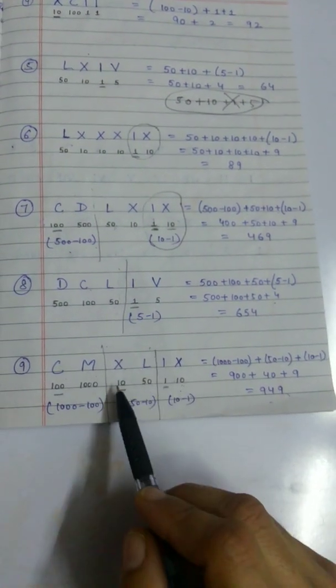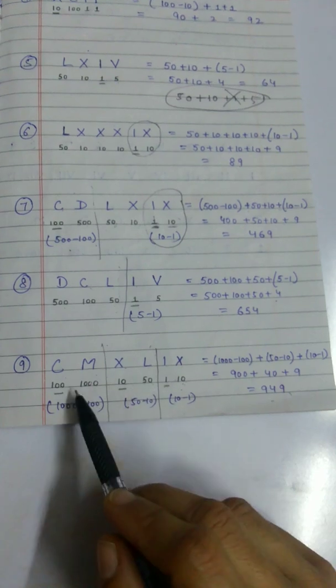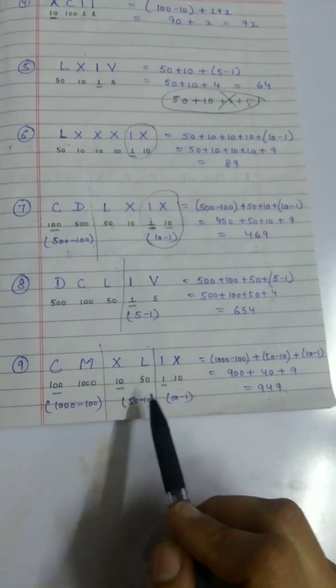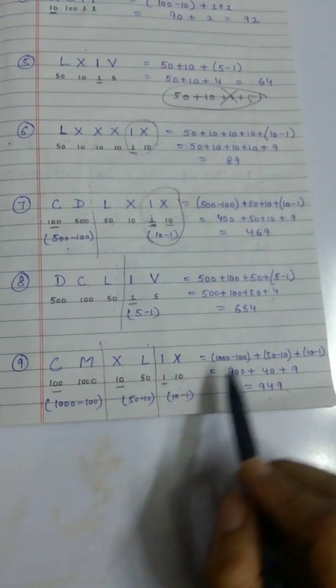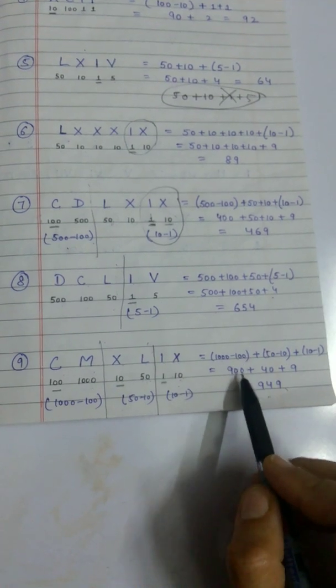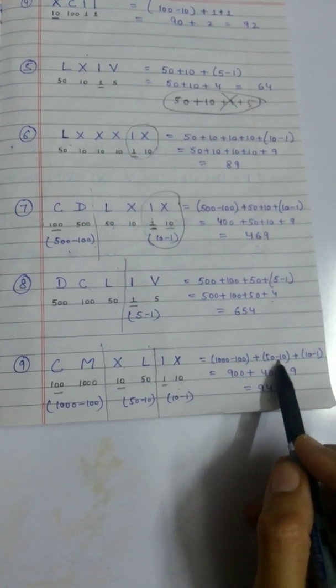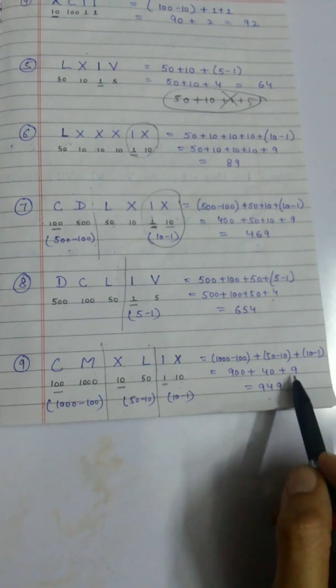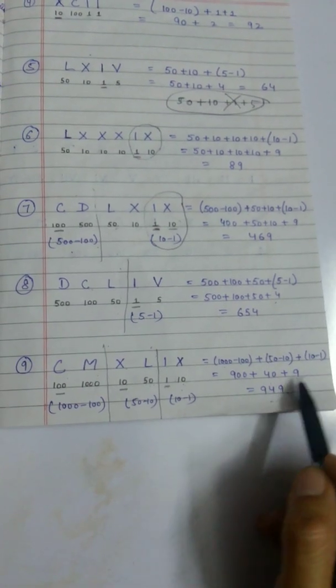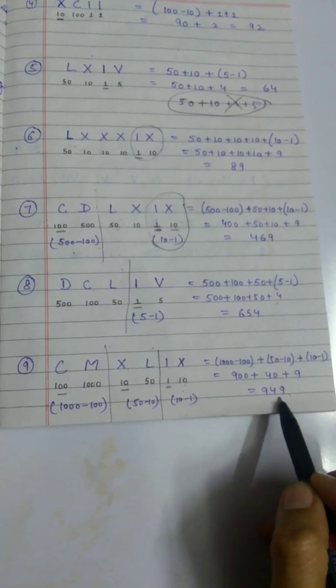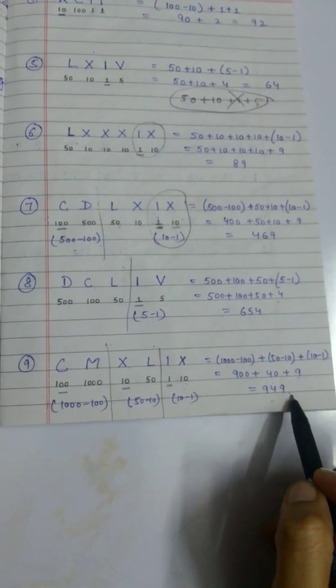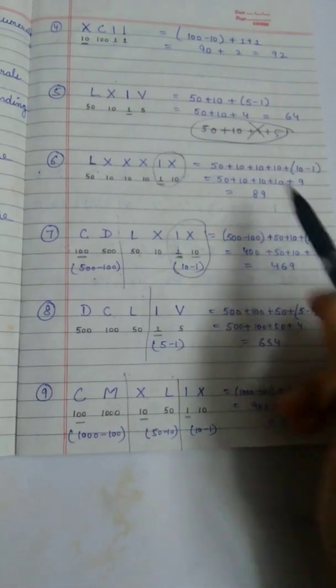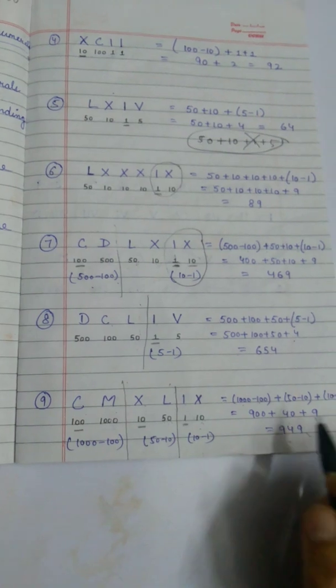But since another rule is applicable in between, we have done subtraction. So let us solve it separately to add. 1000 minus 100 is 900, 50 minus 10, 40 and 10 minus 1 is 9. After adding all these, I have got a number as 949. Okay, so I think these many examples are clear to you.